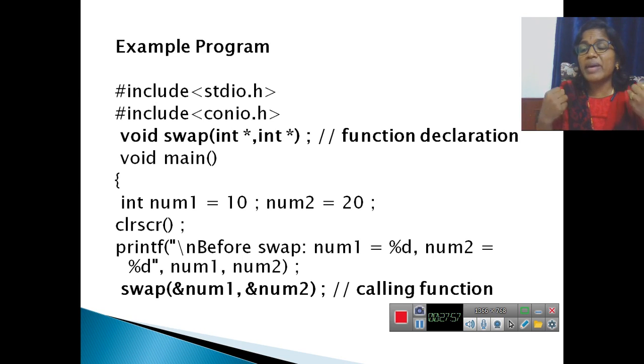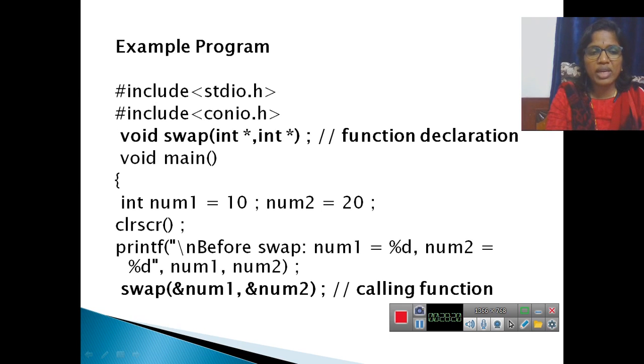So the formal parameters must be in the form of pointer variables. For that reason, pointers are represented with the asterisk symbol. Here we are using 2 integer pointers, both of type integer pointer. So it's a common thing.